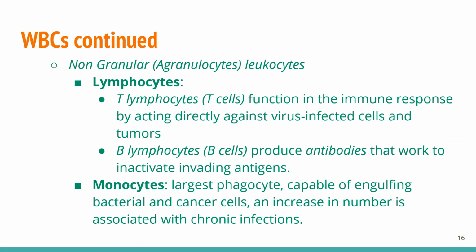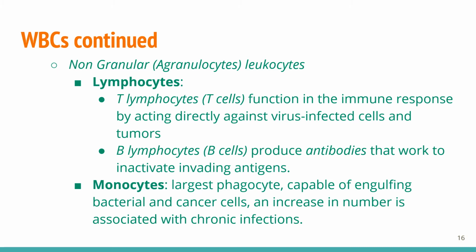As we continue on, now we're going to be talking about the non-granular or agranulocytes. Those are the ones that don't stain, and those are the lymphocytes and the monocytes. The lymphocytes break down into two different types: your T cells and your B cells.